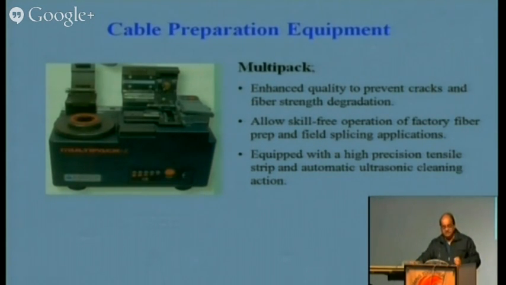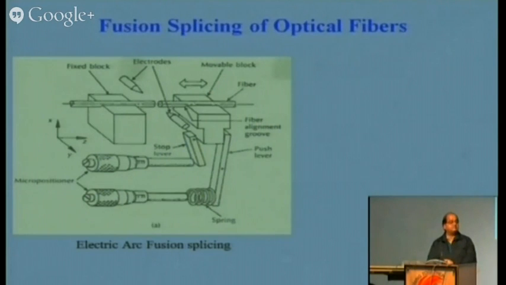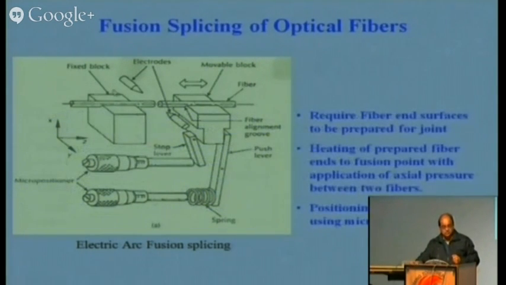So that is cable preparation. Then we have the fusion splicing. So after your fiber is prepared, you have cut the fiber using the cleaver, you have polished the fiber, then you will come for the splicing. So the splicing here you will see in this diagram, your fiber is prepared, and you can put the fiber over this.